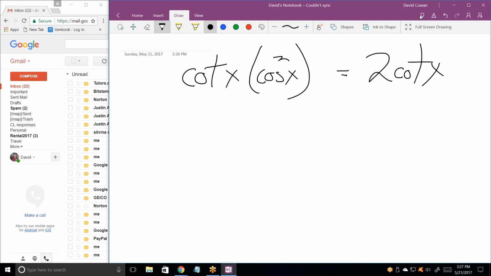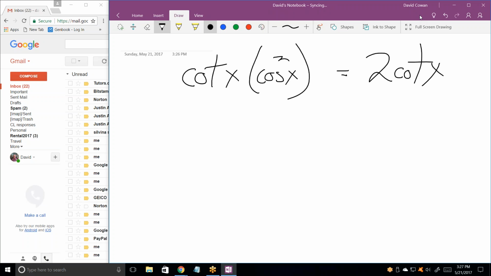Notice what would happen if we made the mistake of dividing both sides by cotangent x. We get cosine squared x equals 2. Then cosine x would be square root of 2, and we could solve for that. But you can't do that.